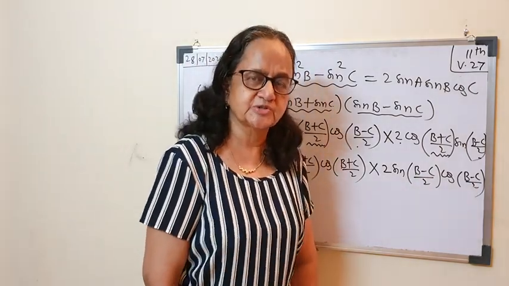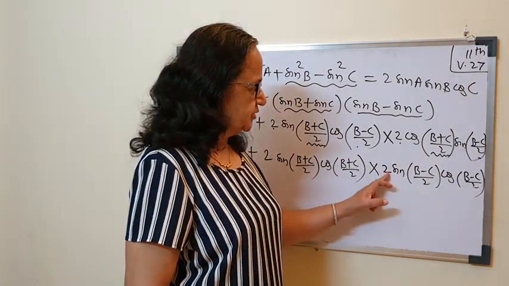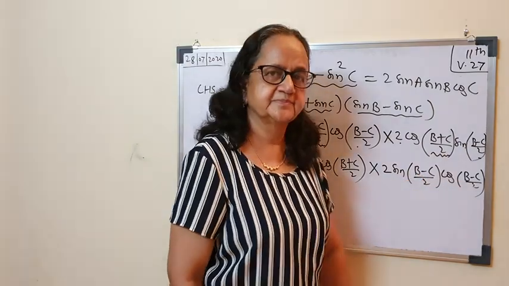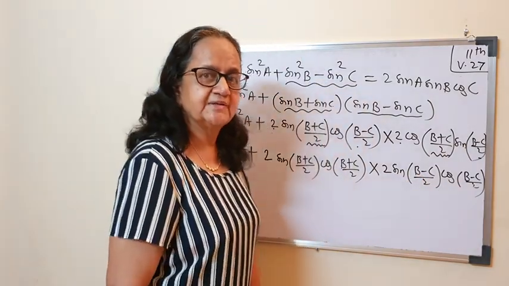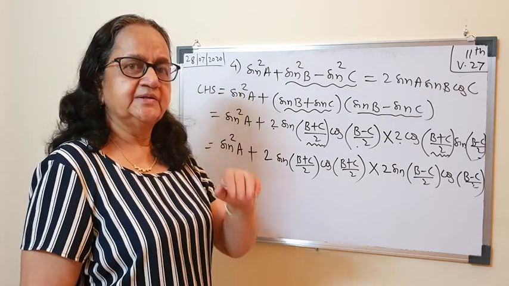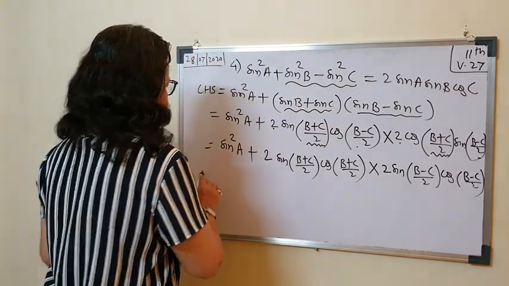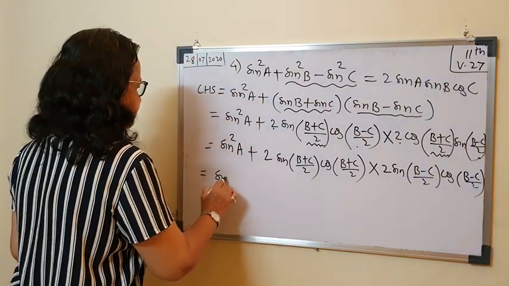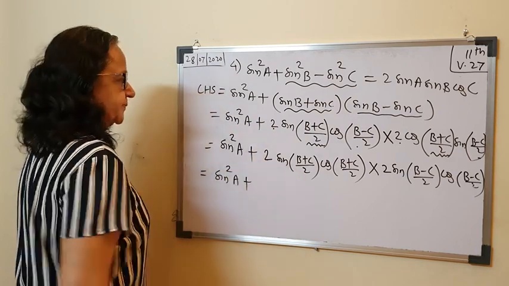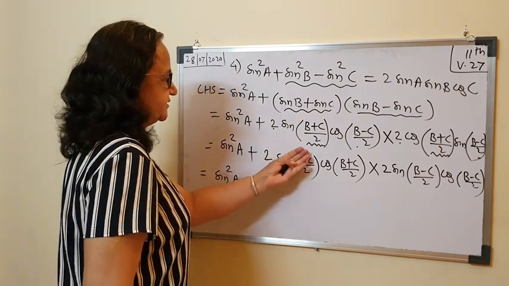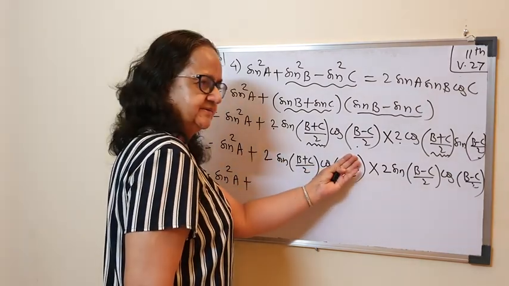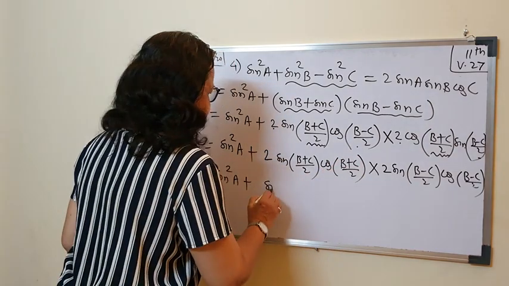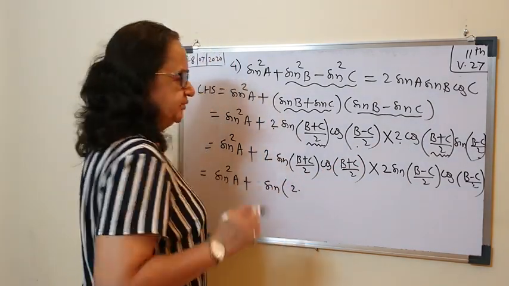So this is also of the type 2 sin theta cos theta. What will be 2 sin theta cos theta? Sin 2 theta, double the angle. First term no change, plus 2 sin theta cos theta; the answer should be sin 2 into theta.